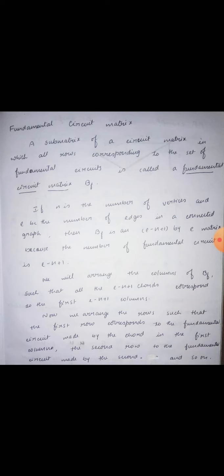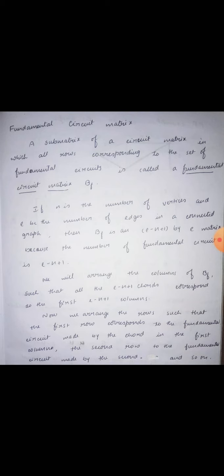If the jth edge is not present in the ith circuit, then the Bij value is 0. And we have seen the incidence matrix A of G and the circuit matrix B of G are orthogonal to each other.